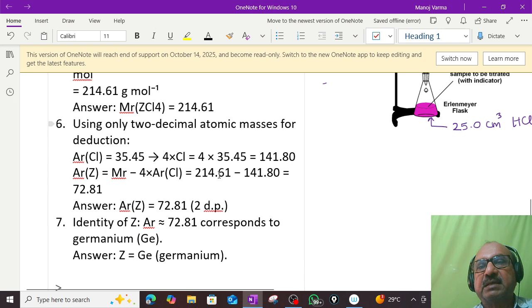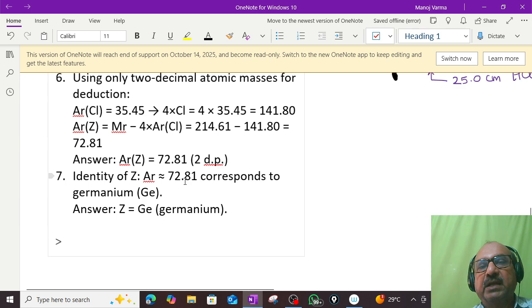So it would be subtraction of 4 times 35.45, that is 141.80, and we get 72.81 as the AR of Z. And if we look at the periodic table, it corresponds to germanium, which is very close to the value that we have got, 72.81, and the closest element is germanium according to the periodic table, and hence our unknown element Z is definitely germanium.